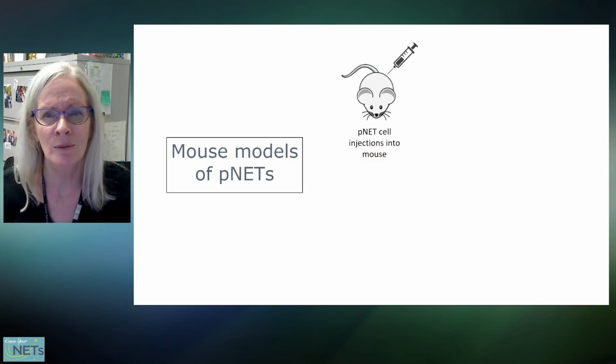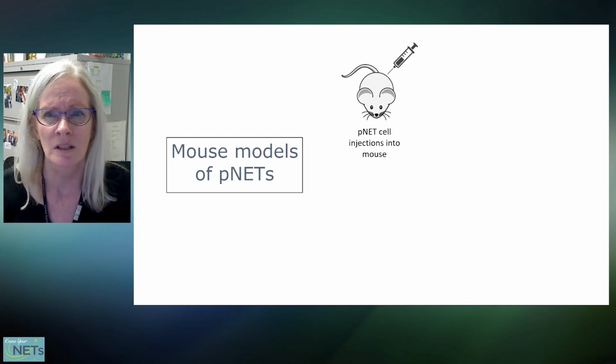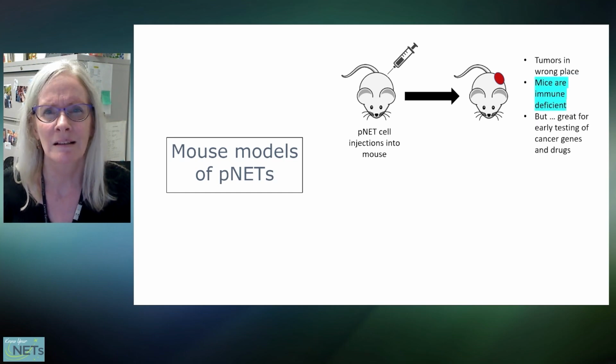Okay, so now we're going to move into the more complex system of in vivo testing using mouse models. And I've already told you about one type of model that is commonly used, in which human tumor cells are injected into immune deficient mice. Now, the limitations of this model are that the tumor cells basically will not go into the right place.